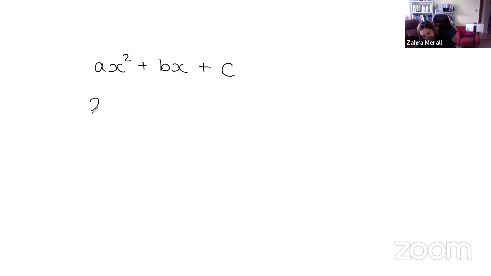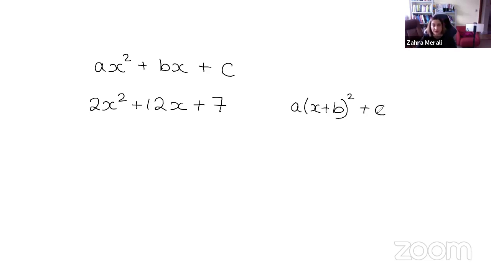So if we take 2x squared plus 12x plus 7, when we complete the square, remember we want it in the form a(x plus b) squared plus c if it's a positive x squared, and we want it in the form a minus (x plus b) squared plus c if it's a negative x squared.